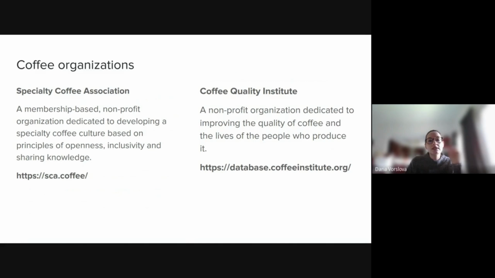Coffee Quality Institute is a kind of sister company or daughter company of the Specialty Coffee Association of America. Coffee Quality Institute was founded in 1996. And both of them are nonprofit, and both were created to support the specialty coffee segment, the specialty coffee industry, but they are working in different markets.